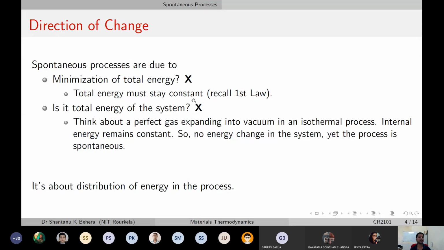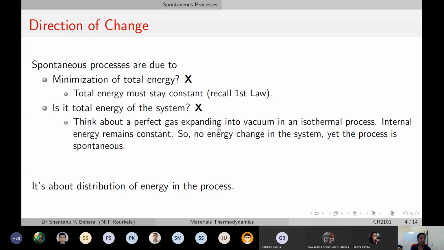That's what the first law says. It's a universal law that energy cannot be created. It has to be conserved all the time. And is it the total energy of the system, either one part of energy or the total energy of the system? But again, in the current understanding of total energy, it's not entirely that.